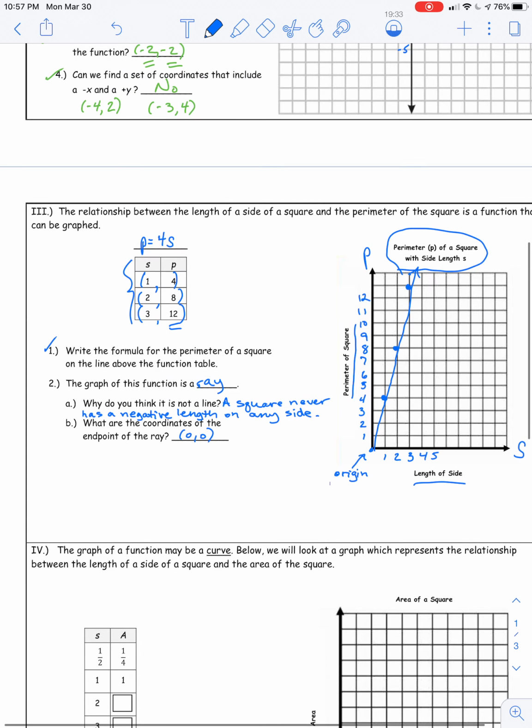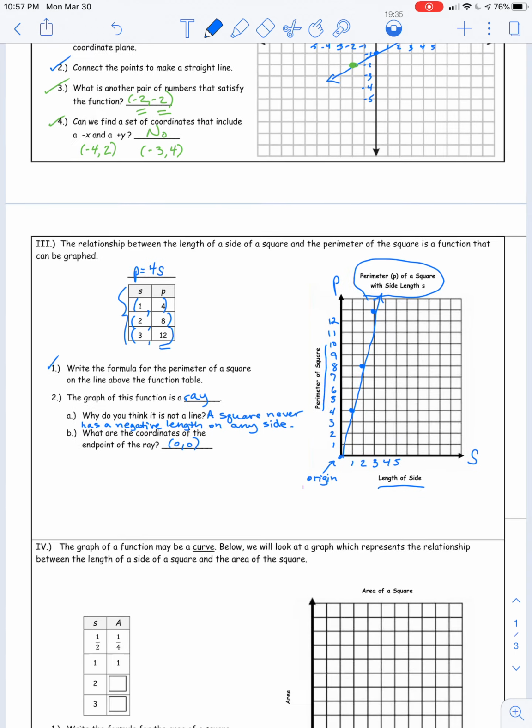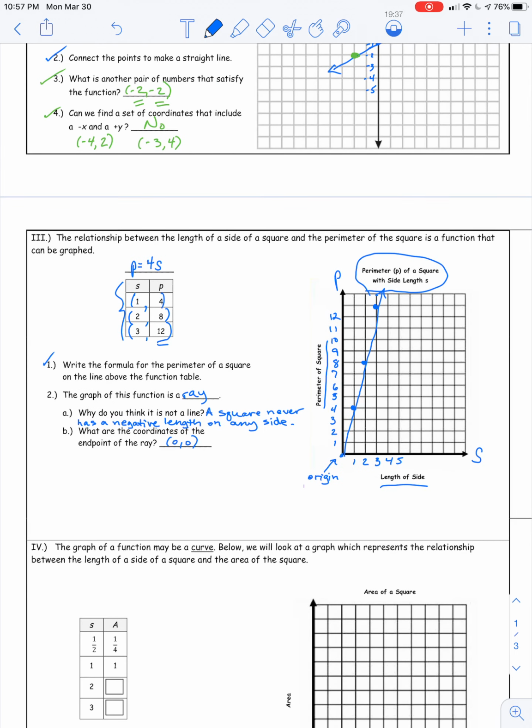Okay, so that's basically how we plot the relationship between the length of a side of a square and the perimeter of the square. Notice what's happening with it. It shows that as your side increases by 1 unit, your perimeter increases steadily. You can see the pace is a pretty steady pace, inclining in a positive direction.